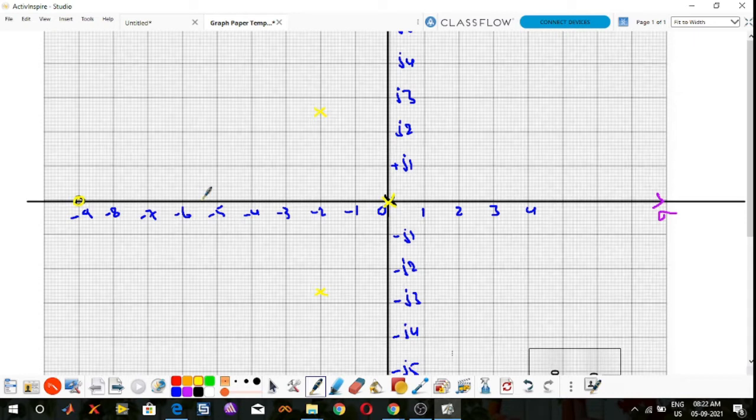Only one pole is there, and that one is an odd number. So the region between the s is equal to 0 pole and s is equal to minus 9 zero is a part of the root locus. Once again, I will explain the same point.